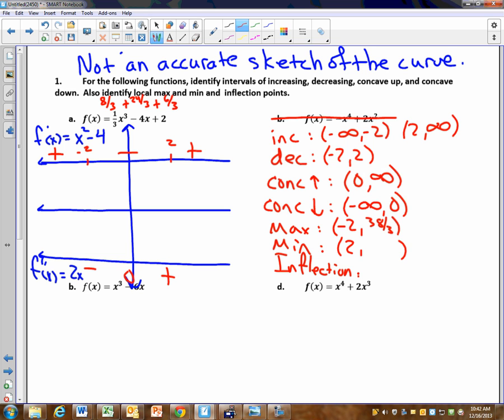Oh, no, I'm sorry. Yeah, you guys are right. You guys are absolutely right. We had a negative 8 thirds plus 24 thirds plus 6 thirds. So negative 8 and 24 is 16 plus 6 is 22 thirds.